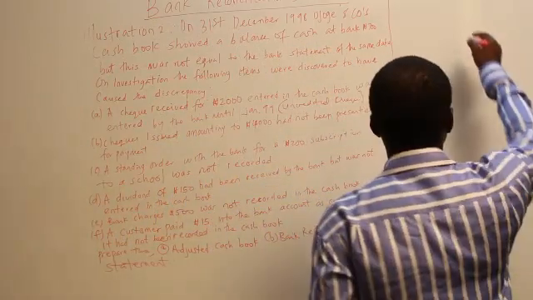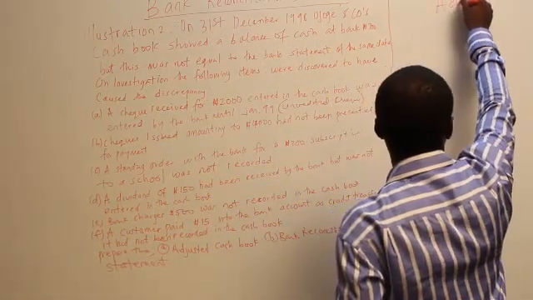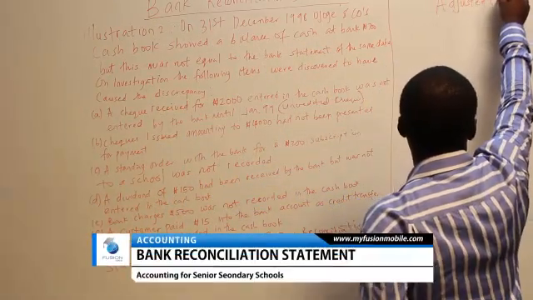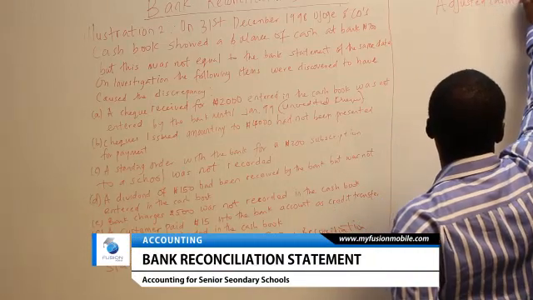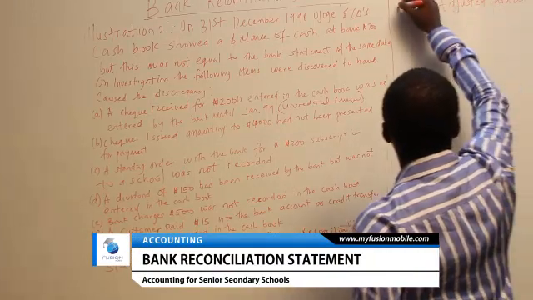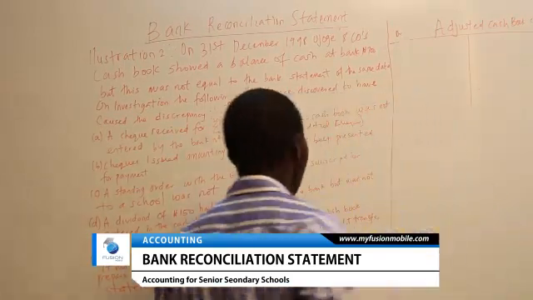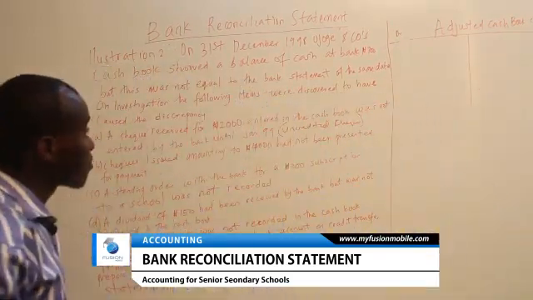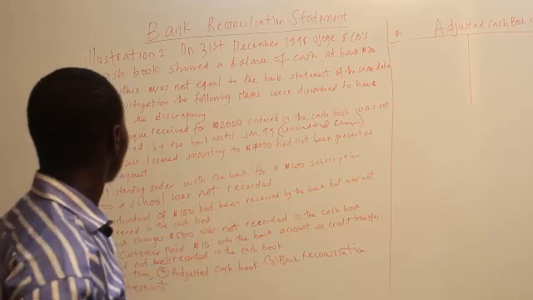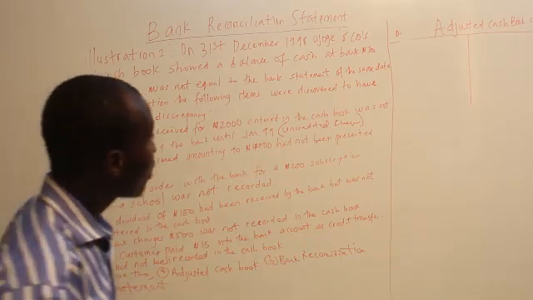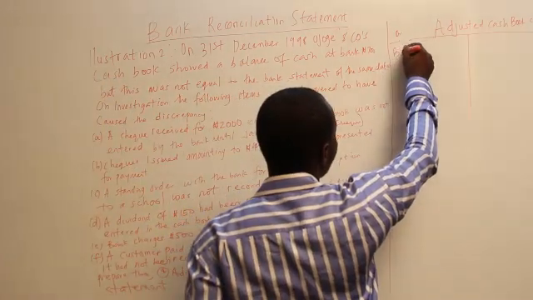So the first thing is the adjusted cash book. You have debit and credit. The balance of the cash book at that date is 700 naira, given to us, so balance brought down.